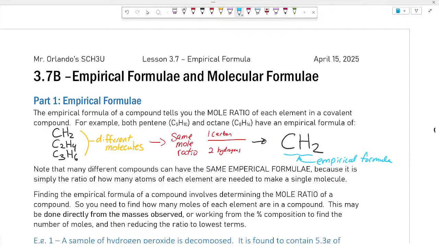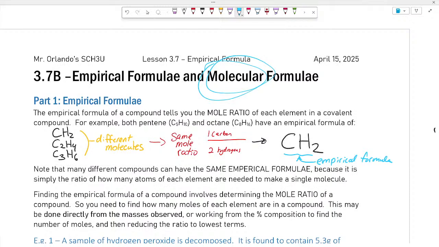Because with a covalent compound, if you find out that the empirical formula is CH2, you still don't know if you're talking about C2H4, C3H6, C5H10, C8H16, or you'll discover that carbon chains can be incredibly long. This could be C100H200. Do you know what I mean? We don't yet know from the empirical formula what the actual compound is, if it is molecular.